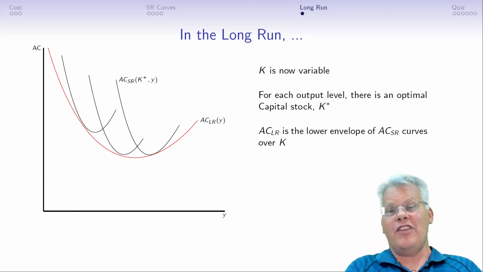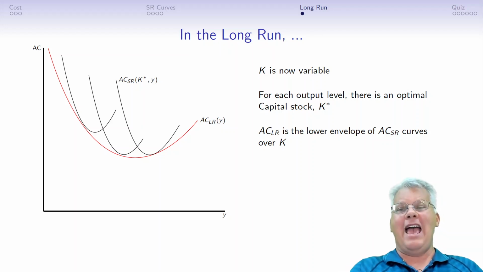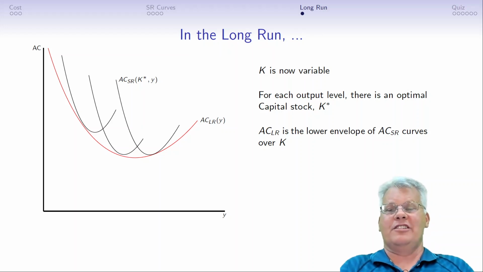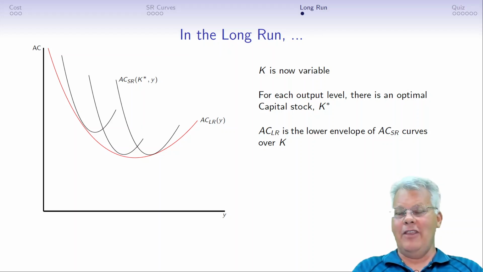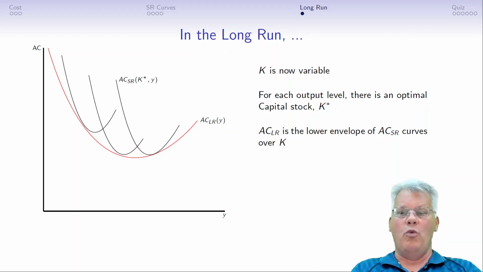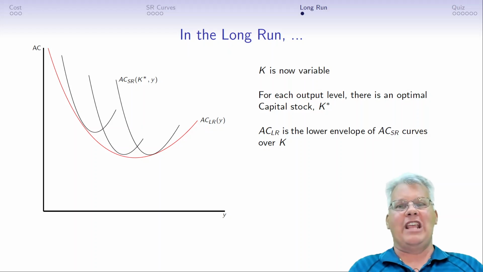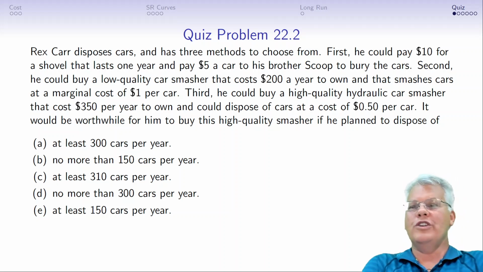So you can think of each of these black average cost curves as representing the average cost for a given capital stock. And then the long run average cost curve is the lower envelope, where for each output level we choose the efficient capital stock.